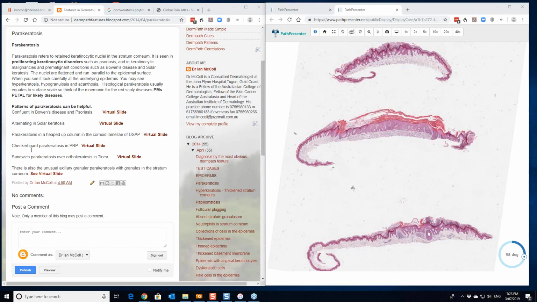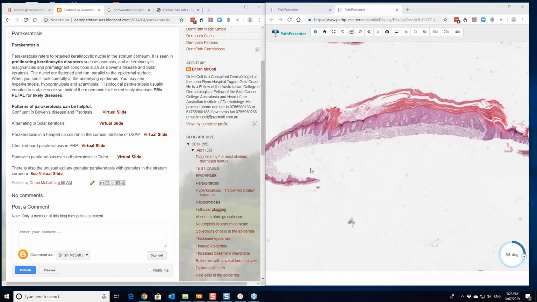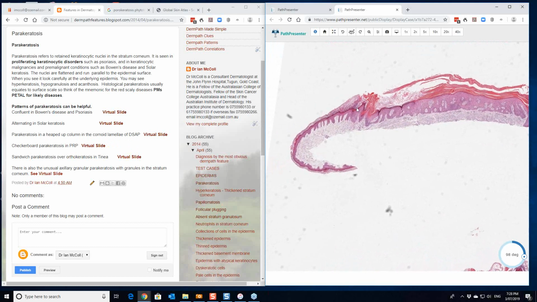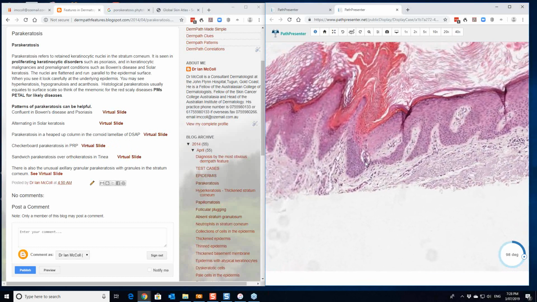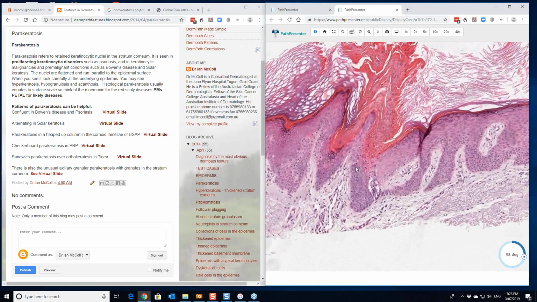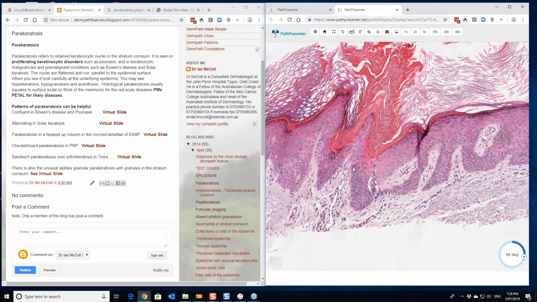The next sort of pattern of parakeratosis is the one that's in a heaped up column in a cornoid lamella, you know, of disseminated superficial actinic porokeratosis. This is the example of it here. Normal epidermis, and then you've got this heaped up column. And as we go in, there's the heaped up column of parakeratosis here.